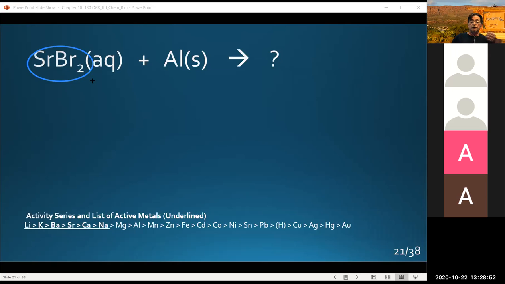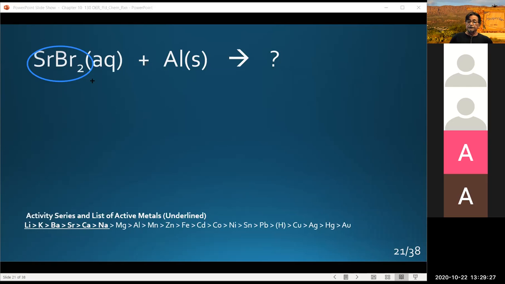That'd be correct. Now, why wouldn't it be strontium Roman numeral 2 bromide? Remember the Roman numerals we did? The name is correct, strontium bromide, but why wouldn't it be Roman numeral 2 bromide? Okay, remember the sweet 16?